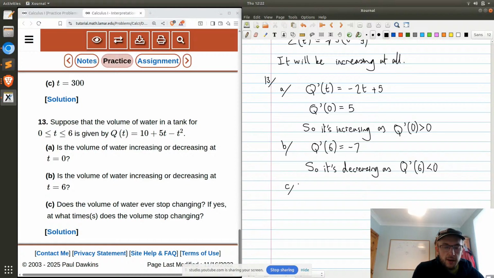Does the volume of water ever stop changing? If yes, at what times does the volume stop changing? So we have to solve this. And of course, this is just 5 over 2, or 2.5. And that's the answer, I think.